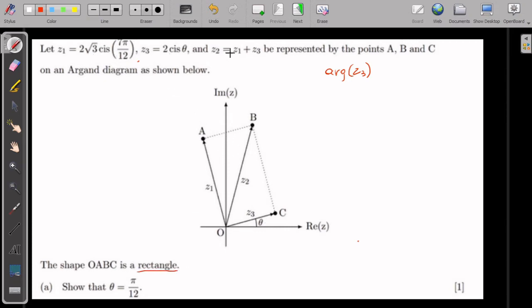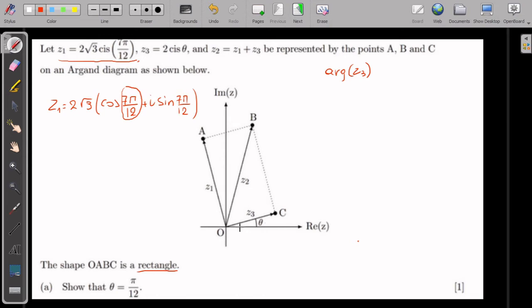Now, I'm taking my data and I see that I know exactly the form of z1. z1 is 2 square root 3 cos 7 pi over 12 plus i sine 7 pi over 12. Now I see that they give me the argument of z1 and it's 7 pi over 12.